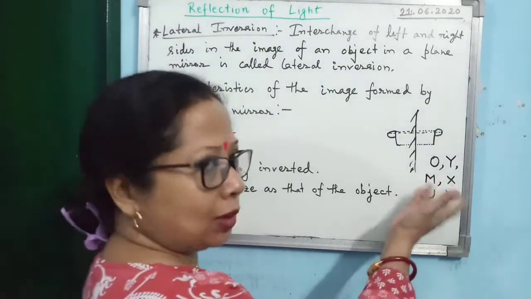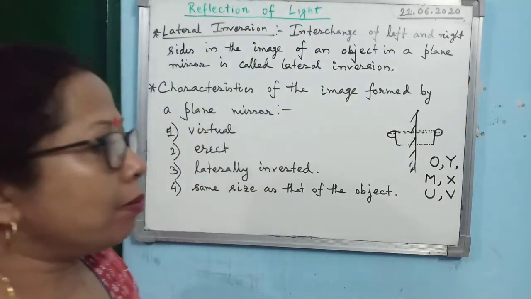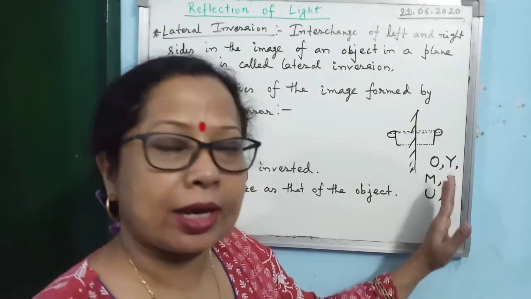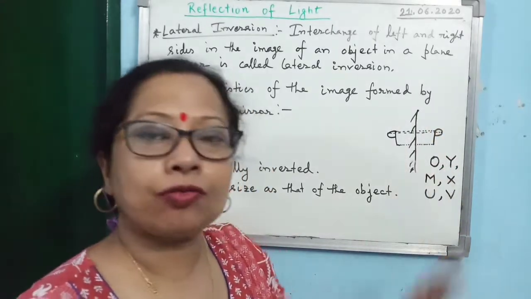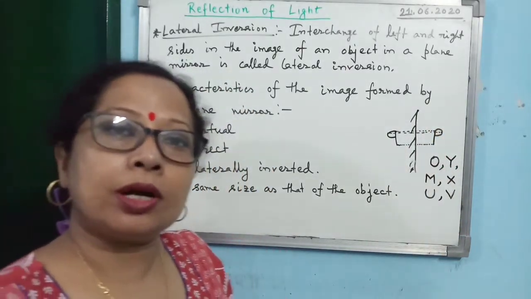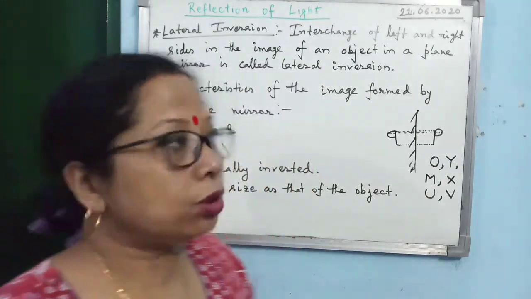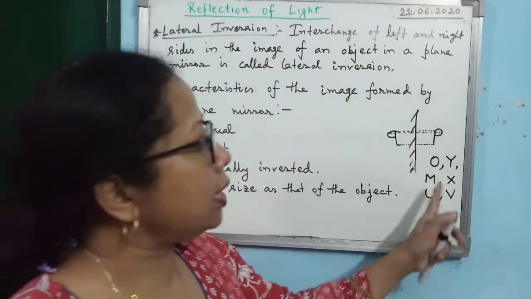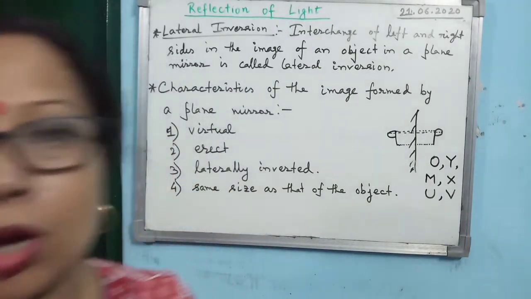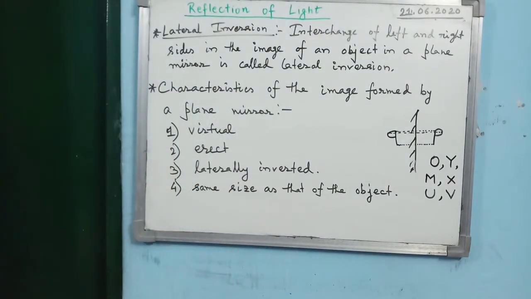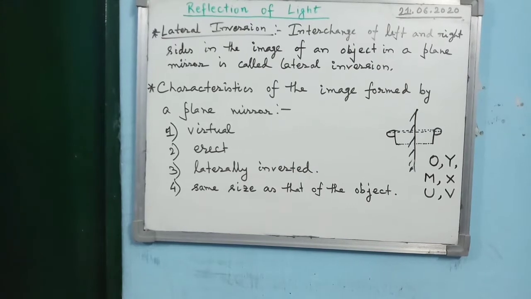Actually they do suffer lateral inversion, but as they are symmetric about the axis passing through the middle of the alphabet, it will not be noticed. Clear? So what is lateral inversion, and a few examples of the English alphabets which do not suffer lateral inversion, you must learn and remember for your exam.